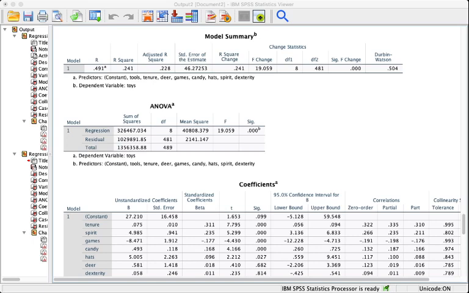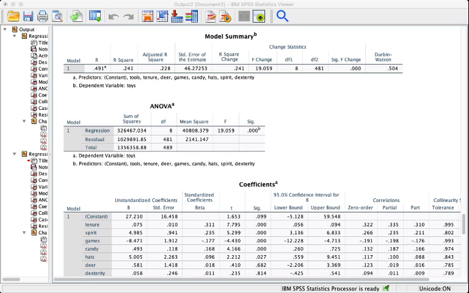And you'll see that the F change, DF1, DF2, and significance of the F change are actually all the same as what we get in the next table down, the ANOVA table.